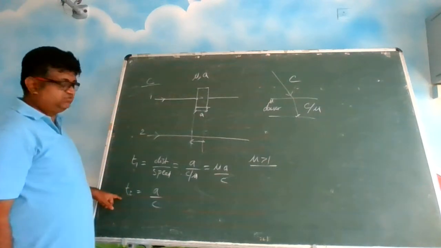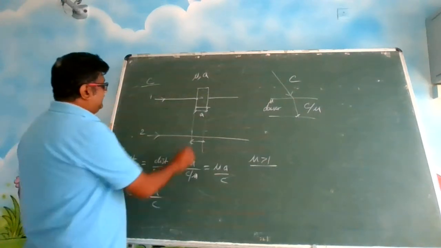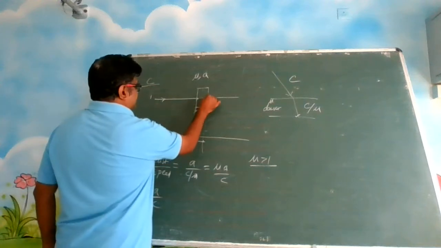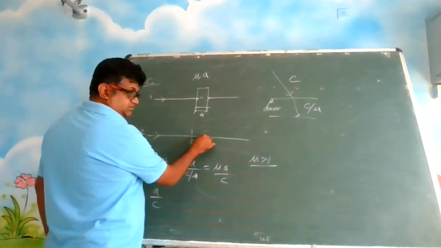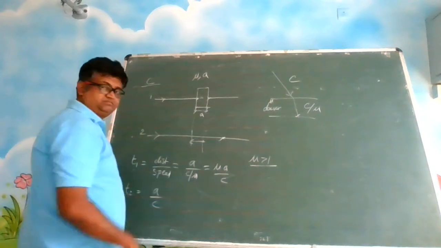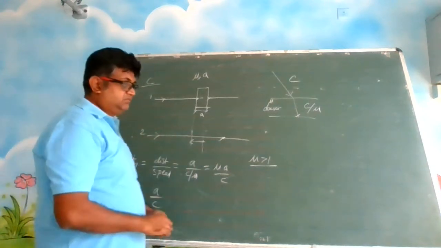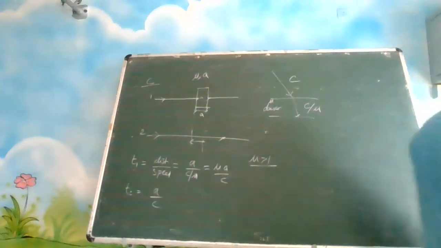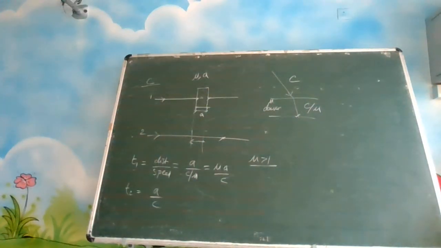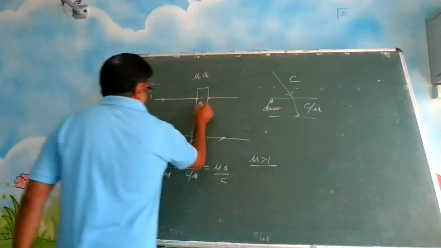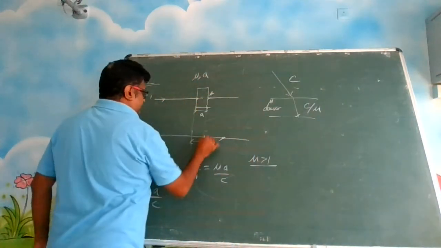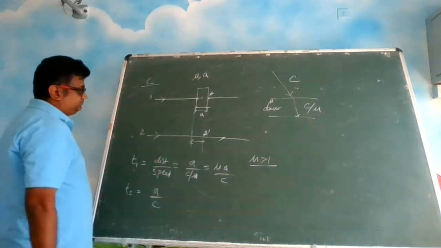Is it not T1 minus T2? See, by the time this ray reaches here, this ray is not here. This ray is somewhere here. Understood the point? Okay. We call this point A, and this point A dash.